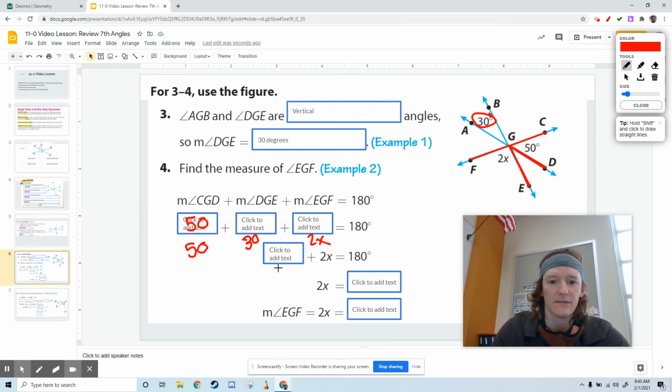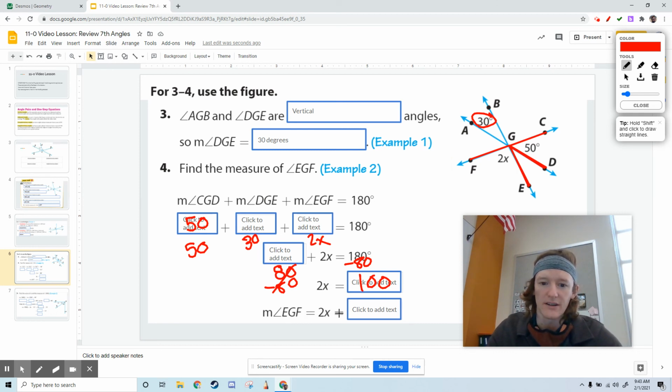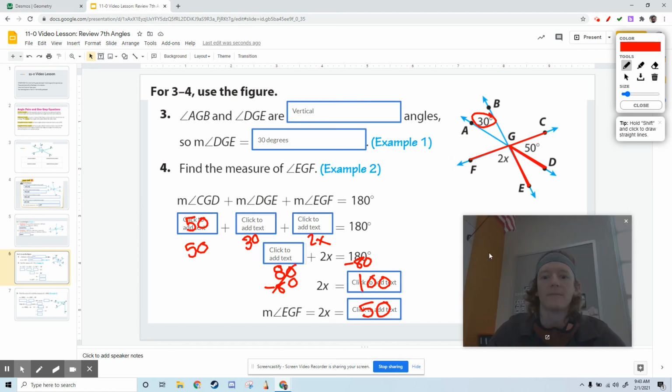50 plus 30 is 80. 80 plus 2x equals 180. So we'll subtract 80. 2x is 100. And the measurement of EGF is 2x. So 2 times 50 is 100.